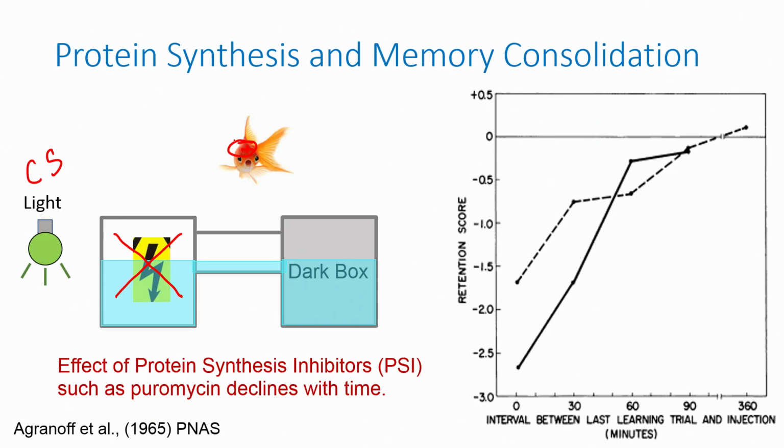And when you do that, fish recover very fast. In a few minutes they do not exhibit any signs of having been injected, and then you can subject them to the test.